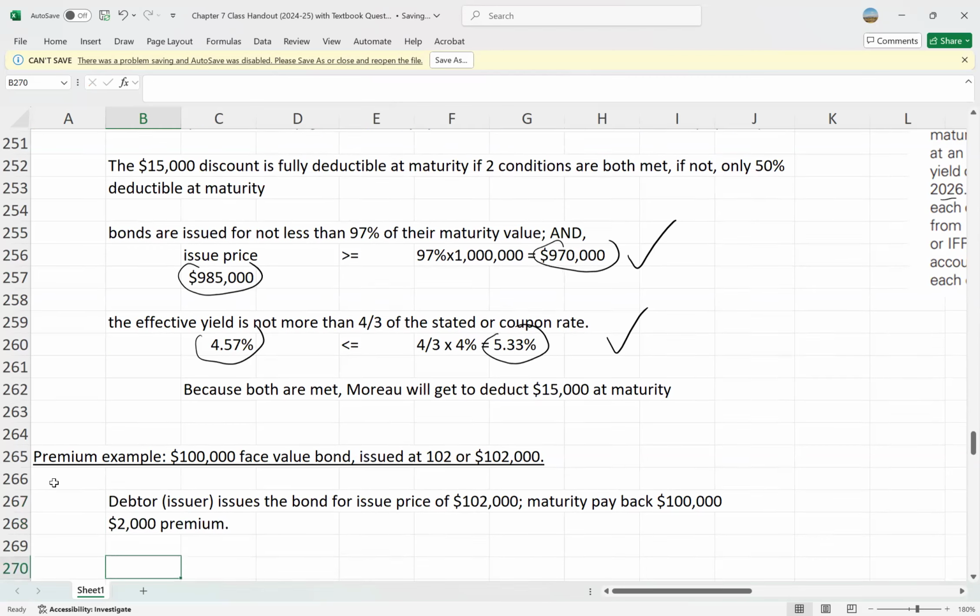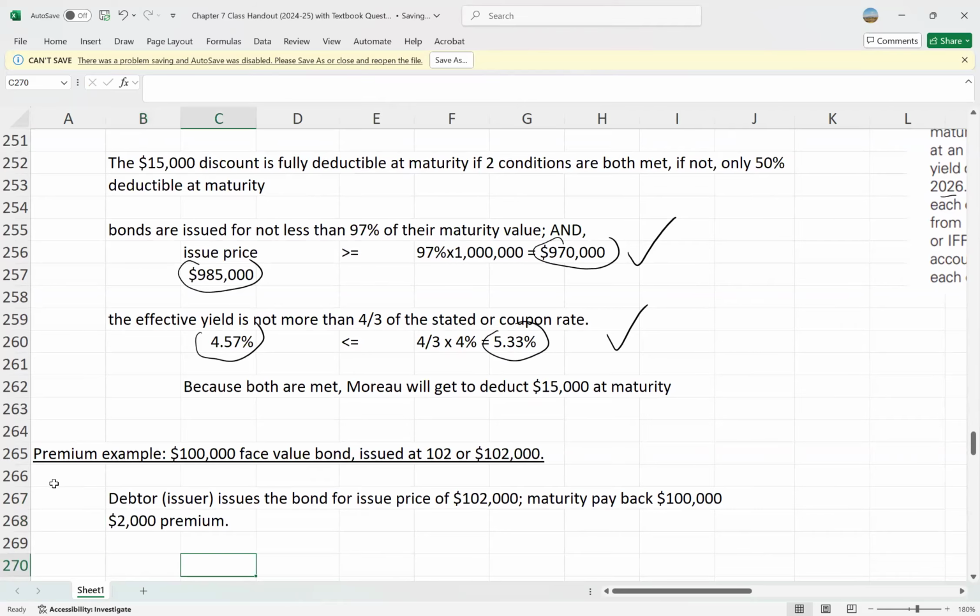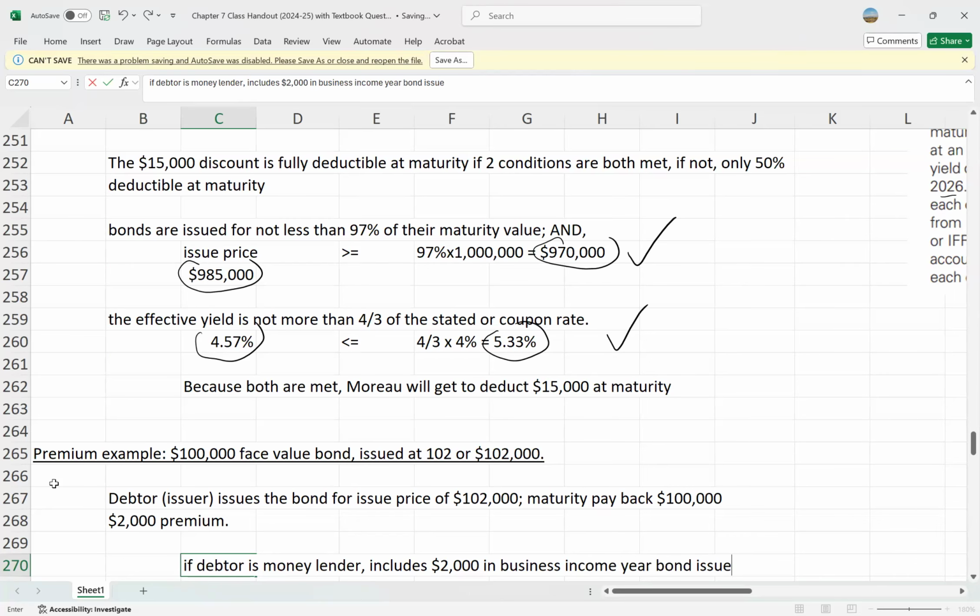So this one's fairly straightforward. It basically says that if the debtor is a money lender, include 2,000 in business income in the year the bond was issued.